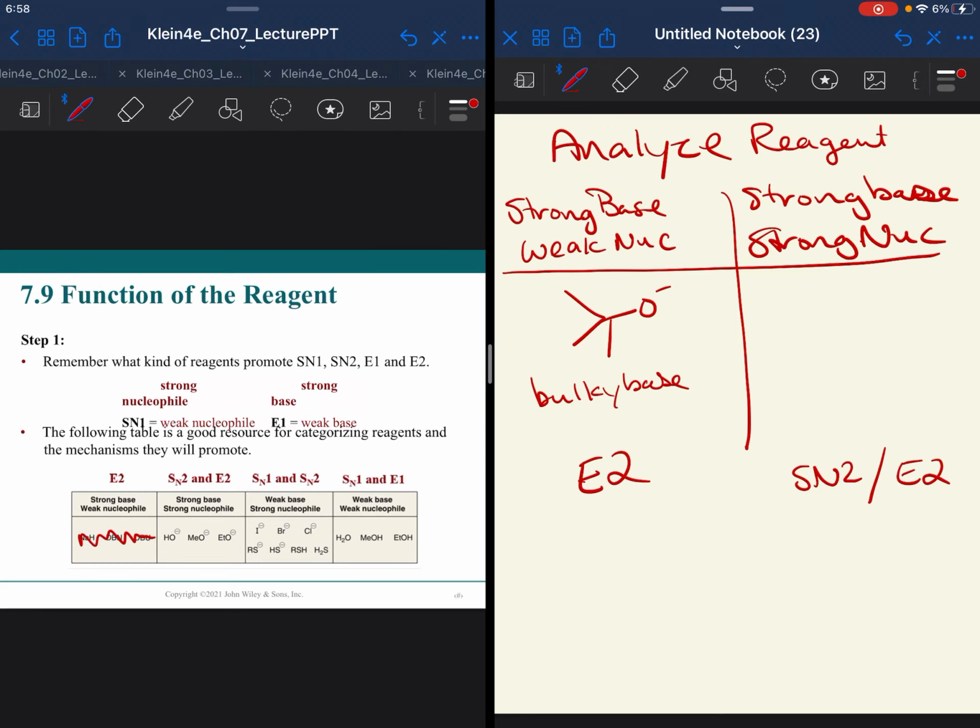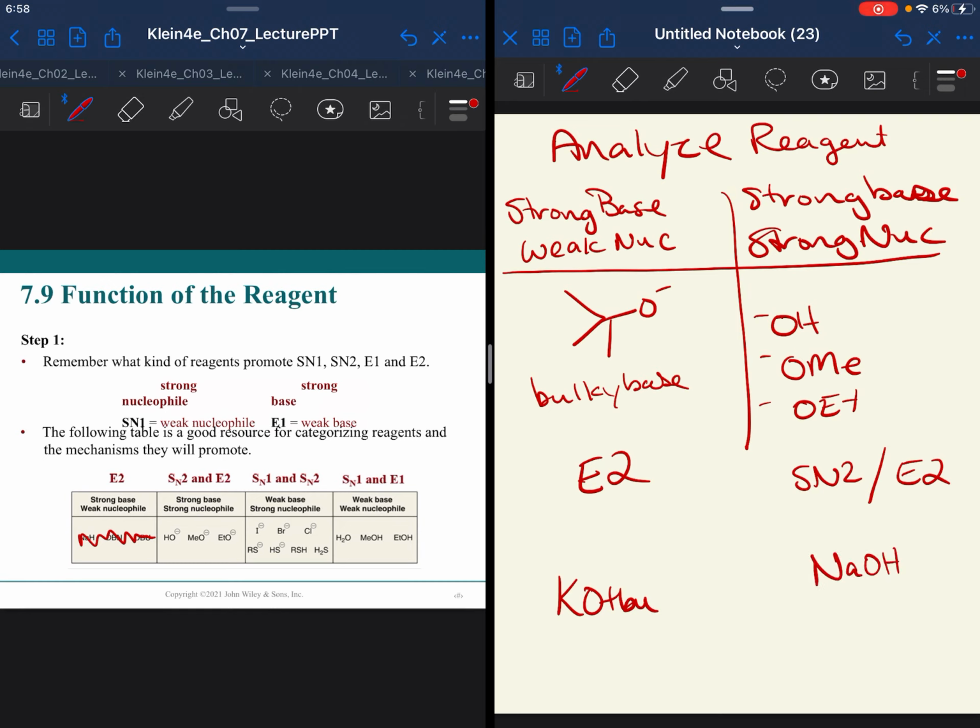But what identifies as a strong base and a strong nucleophile? Well, it's your hydroxide, and it is your smaller alkoxide bases like your methoxide and your ethoxide. You may see any of these written with their counter ion, right? We know KOtBu is another way you might see potassium tert-butoxide written.